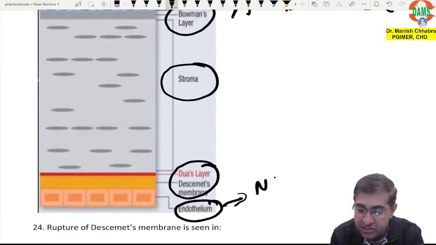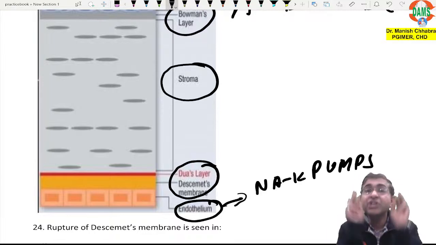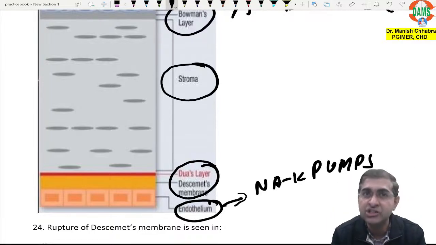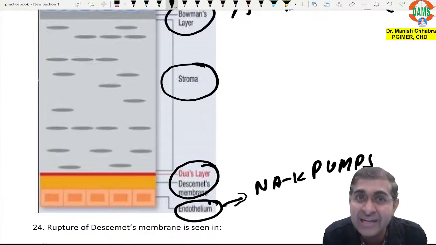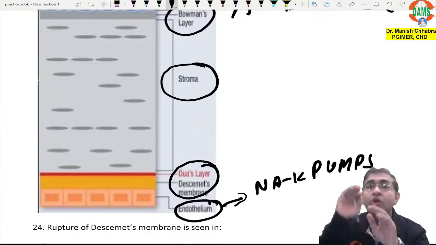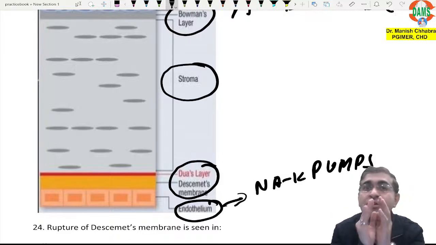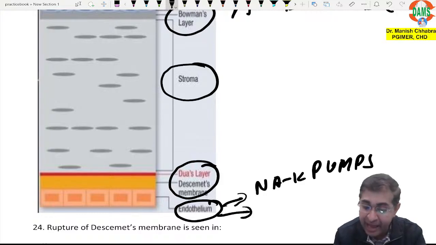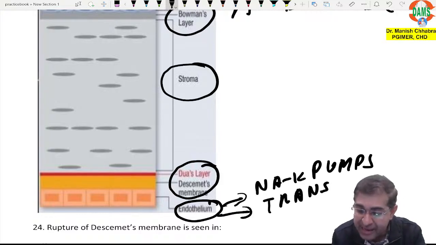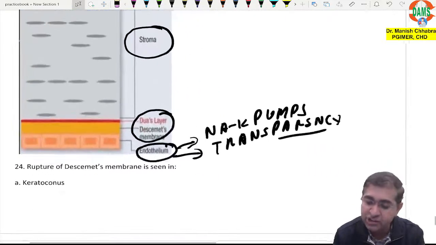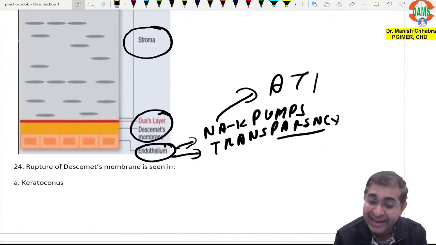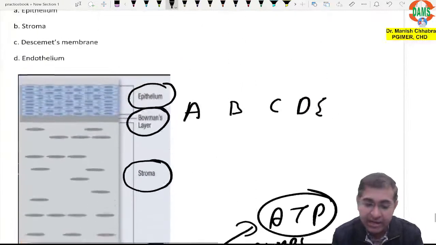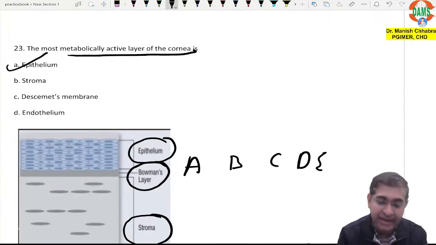Endothelium has sodium-potassium pumps which throw 3 sodium out into the anterior chamber and take 2 potassium into the cornea, due to which water follows the sodium ions and the cornea is maintained in a dry state. This endothelium helps in maintaining transparency of the cornea. Since it has sodium-potassium pumps, it uses ATP. That is why it is the most metabolically active layer.